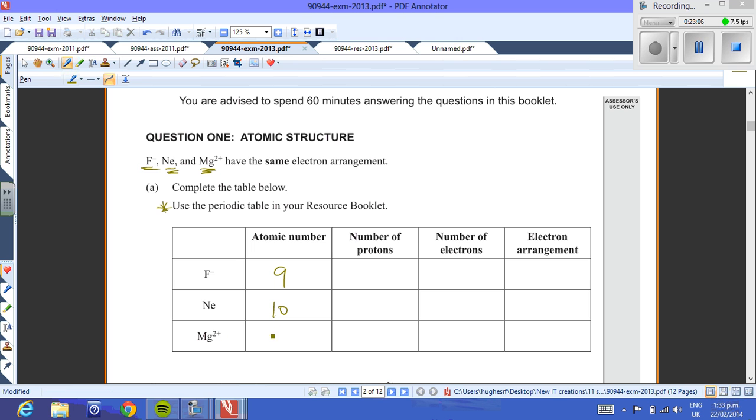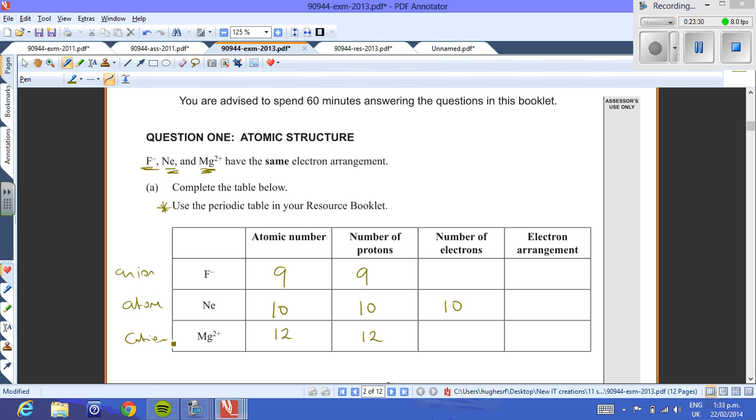The number of protons is gained from the atomic number, so 9 protons for fluorine, neon is 10 and magnesium is 12. The number of electrons for neon is going to be the same as its number of protons because it is an atom. Fluoride is an ion, specifically an anion, and magnesium is a cation.